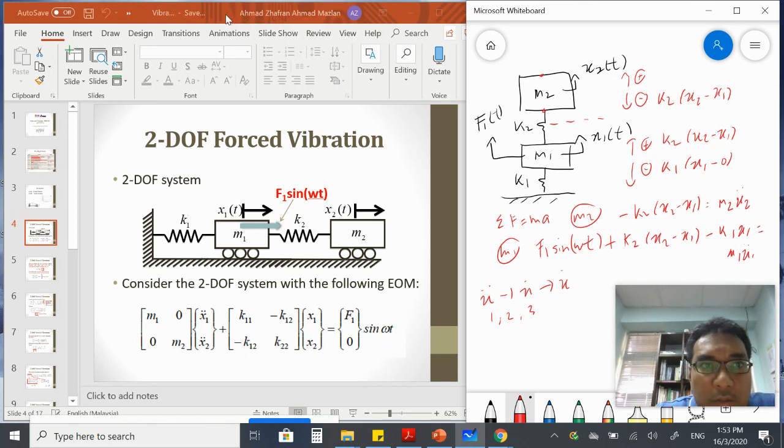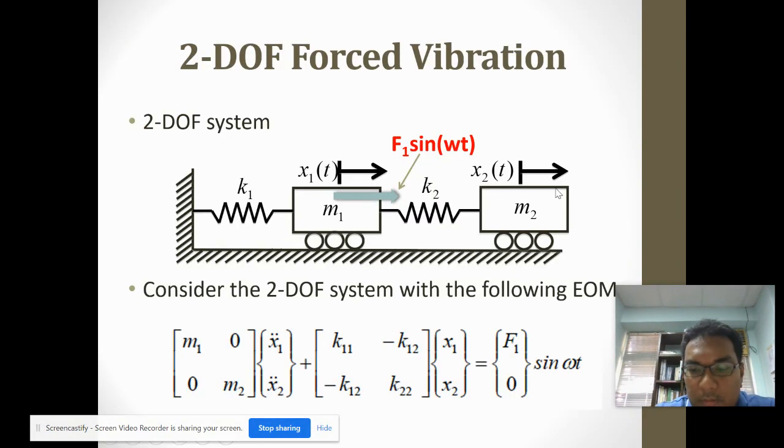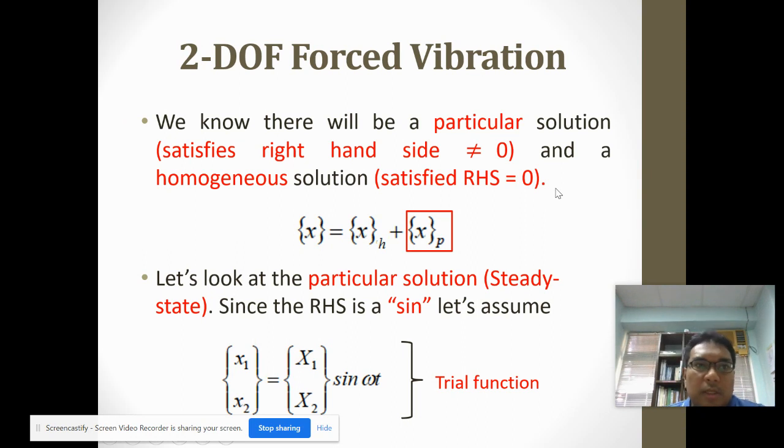Next, we know that there will be a particular solution, since the right hand side is not equal to 0, which is the steady state solution.